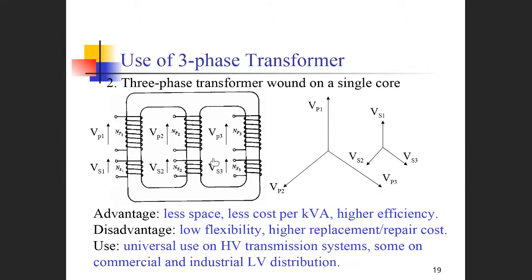However, when it is a three-phase transformer wound on the same core, it should be able to supply 1000 kVA as a whole. So the size will be big, the weight will be very heavy, and you have to use big trucks to transport it. You should use a special crane to lift it.